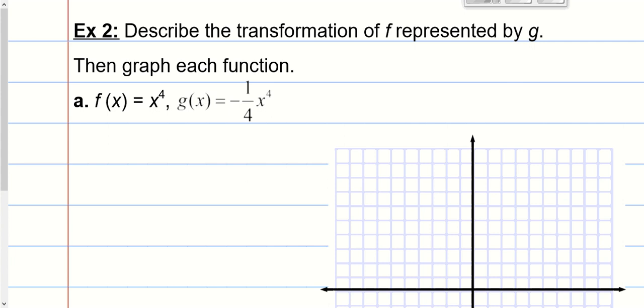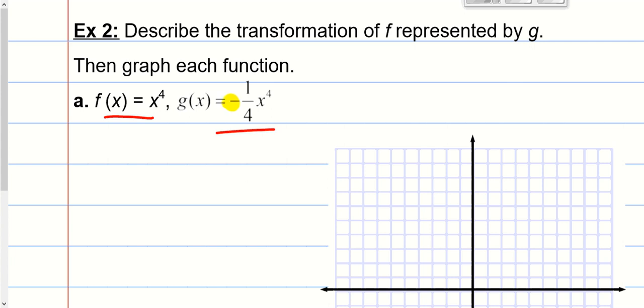Let's look at another one. Example 2 says describe the transformation represented by, if we have f of x equals x to the fourth, and then g of x equals negative 1/4 x to the fourth. So x to the fourth is a function we may not have seen as much before, because we've seen x, x squared, and x cubed, but we can still tell what's going on because we can look at the same stuff.